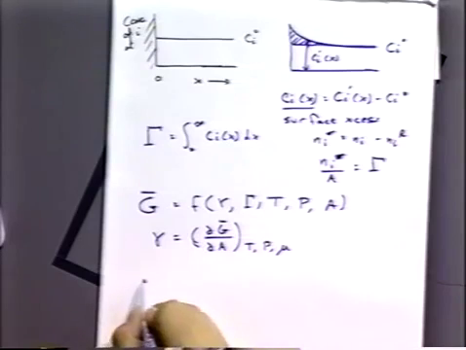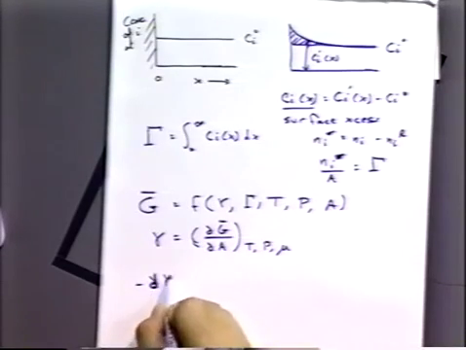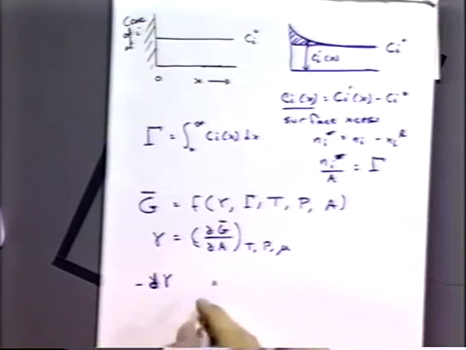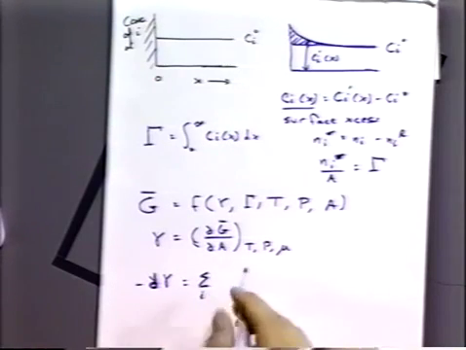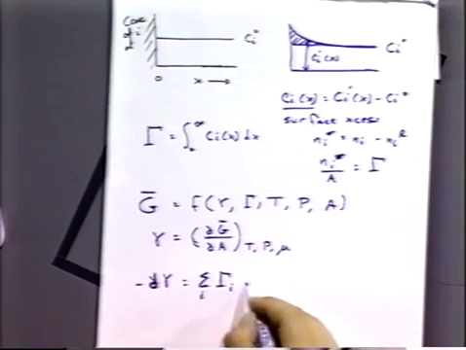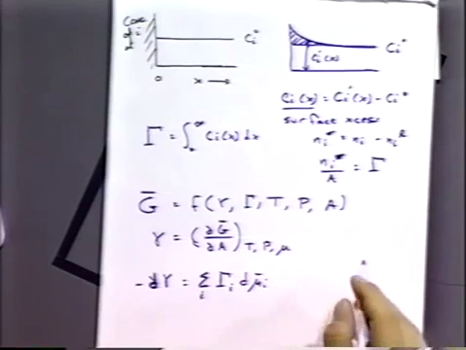So what we're really interested in is this relationship. What is the derivative of the surface tension as a function of the specifically adsorbed materials and the electrochemical potential?